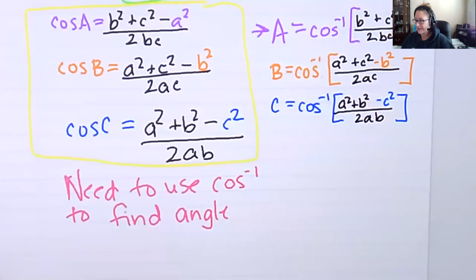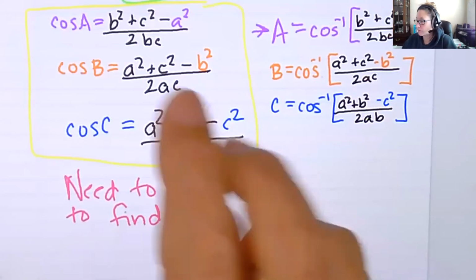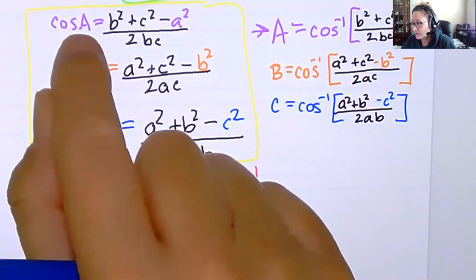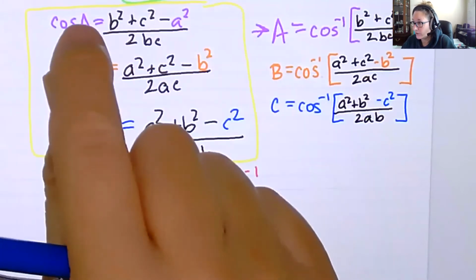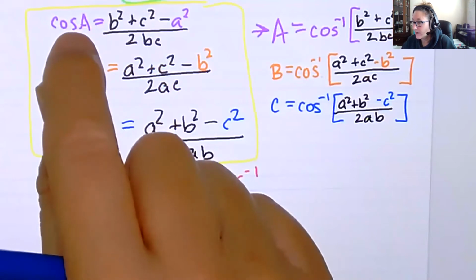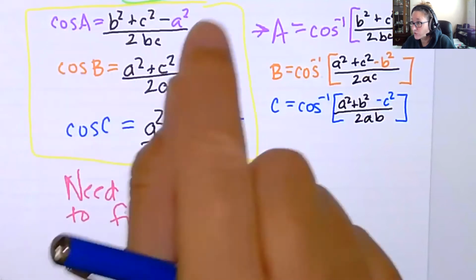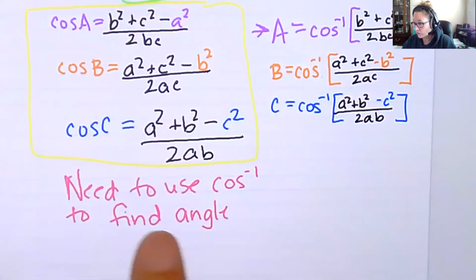So I just wrote these out, showing you that when I need to find angle A, and I'm using this cosine of A, my final answer isn't going to be what I compute. That's going to be what the cosine equals. I need the angle. So I need to use cosine inverse to find the angle.